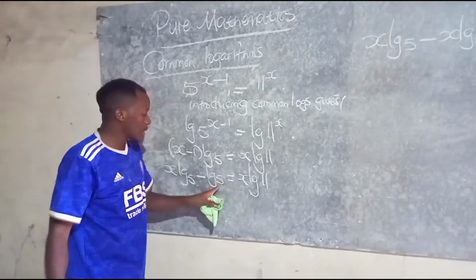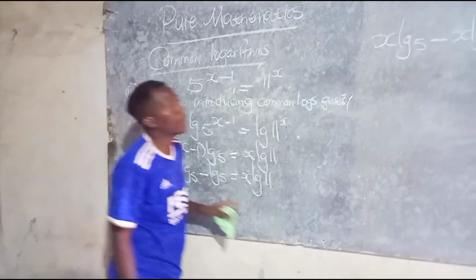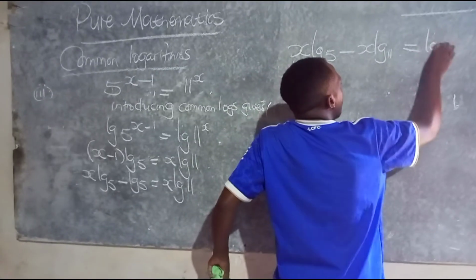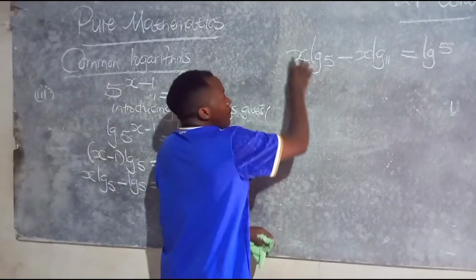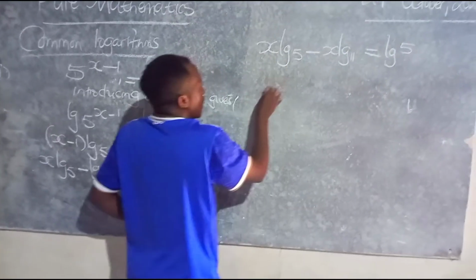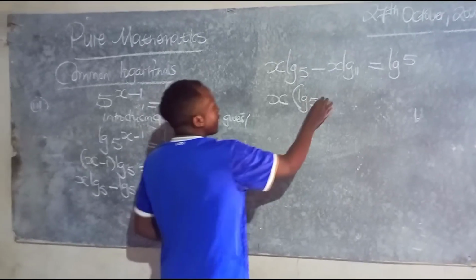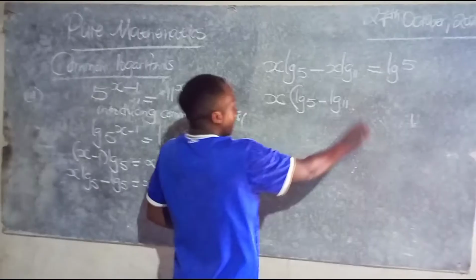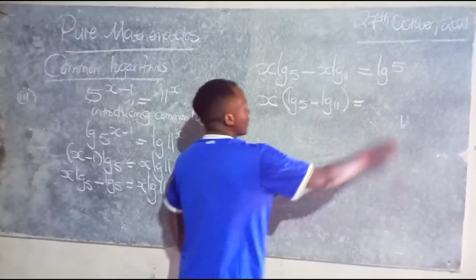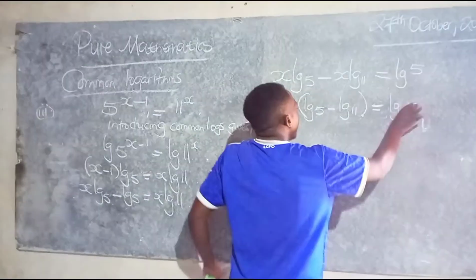When log 5 crosses over the equal sign, it was negative, so it will be positive. Then we are going to factorize. What is common here is x. Then I'm going to say x times (log 5 minus log 11) equals log 5.